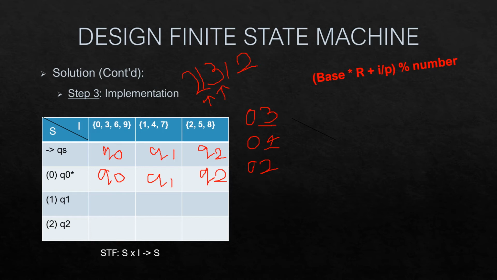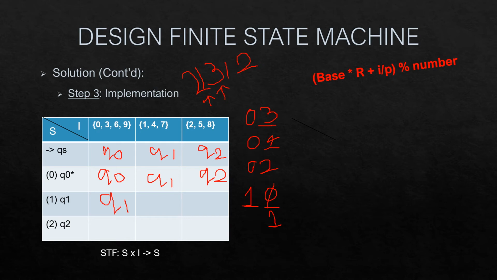Next, when I have reached Q1 state, my previous division had given me remainder 1. So if the next digit I get is 0, 3, 6 or 9, then when I divide this number, that is 10, by 3, I know I will get remainder 1. So I will have to stay in the same state, Q1. If my previous remainder was 1 and I get the next digit as 1, 4 or 7, it becomes 11, 14 or 17.